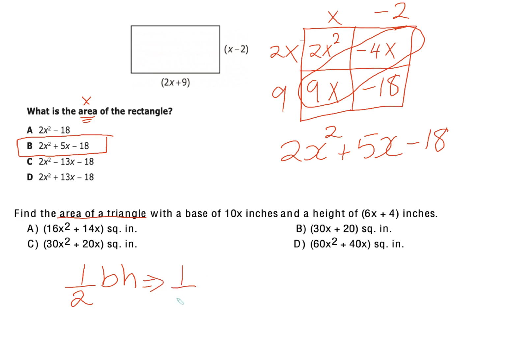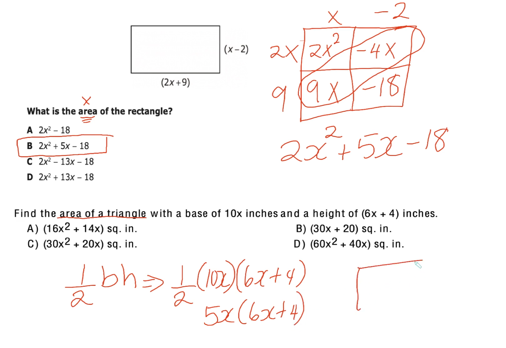So I have a half, my base is 10x, and the height was 6x plus 4. Now because it's 3 things I have to multiply, I'm going to multiply the first 2. A half of 10x. What's a half of 10? 5. And we're going to keep the x. So that becomes 5x, which is now going to multiply 6x plus 4.